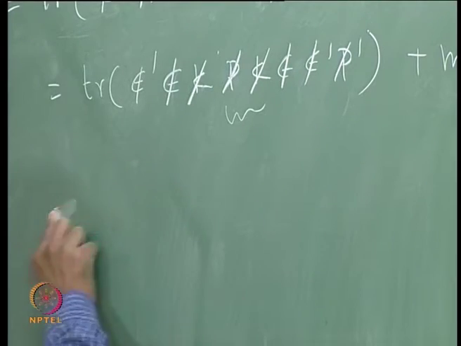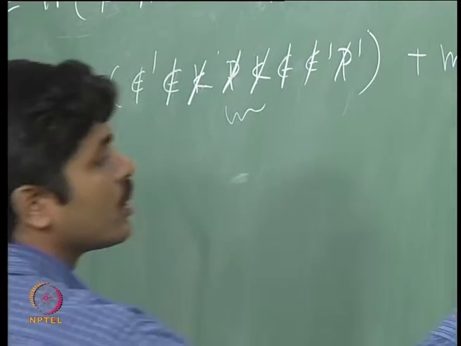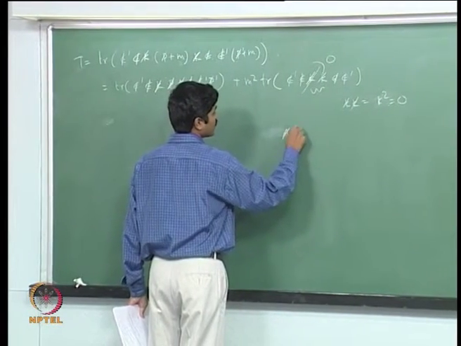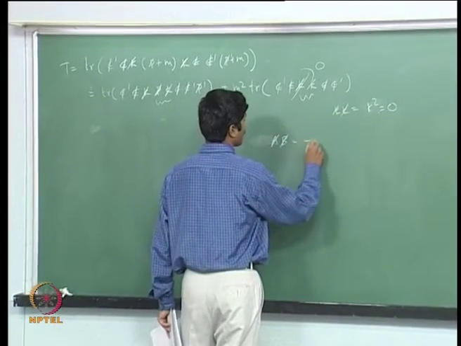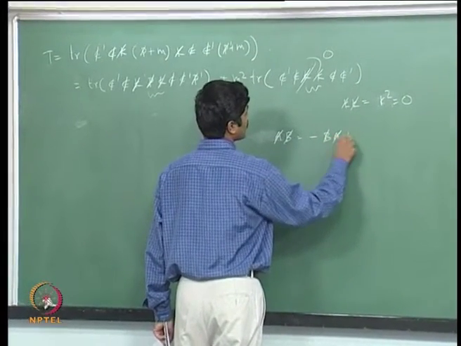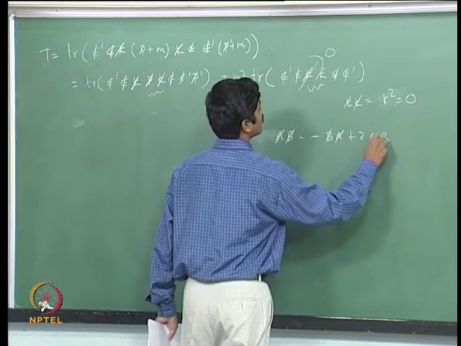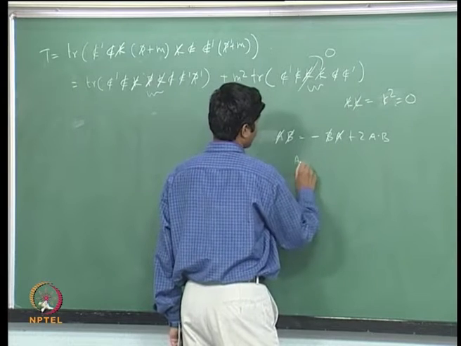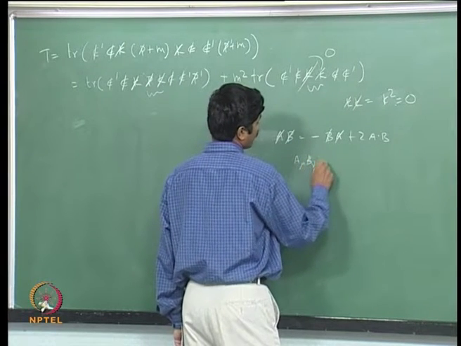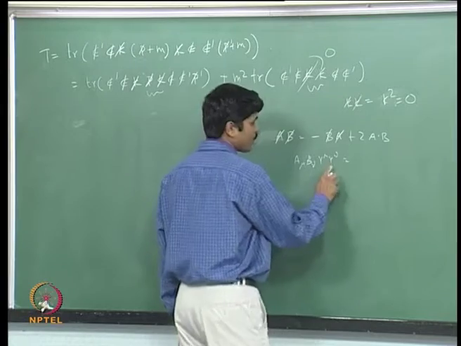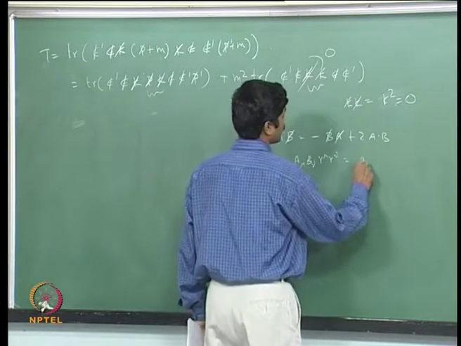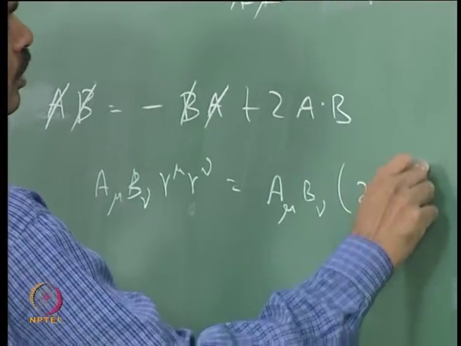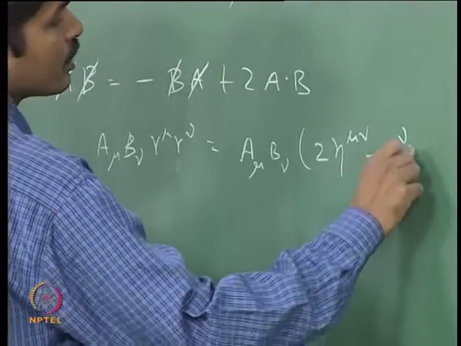So, I can write it as p slash k slash, or any operator a slash b slash, is equal to minus b slash a slash plus twice a dot b, because this is a mu b nu gamma mu gamma nu, but gamma mu gamma nu is twice eta mu nu minus gamma nu gamma mu.